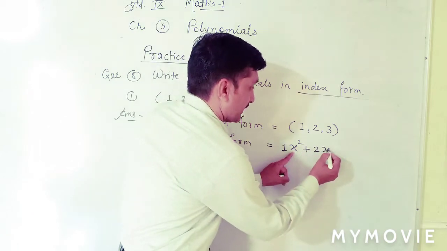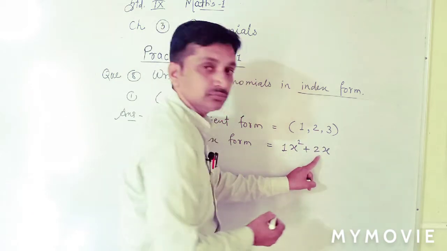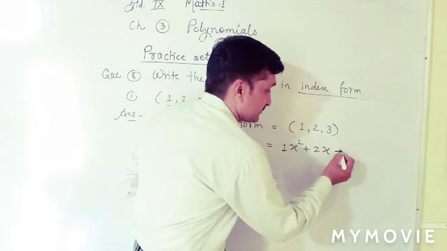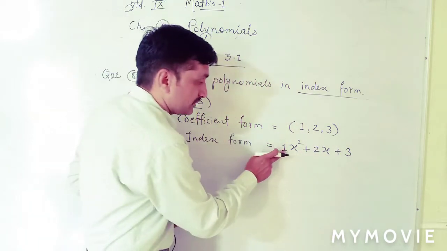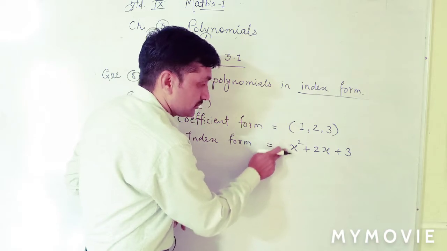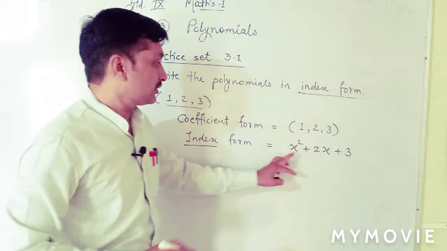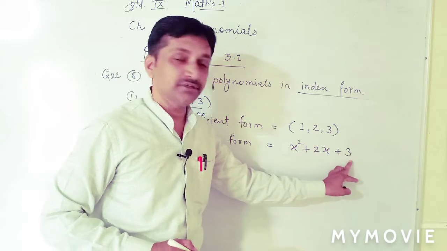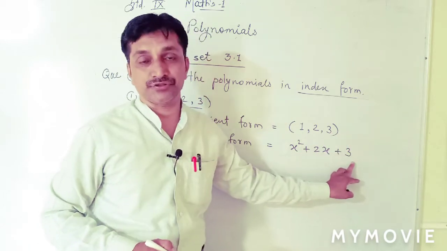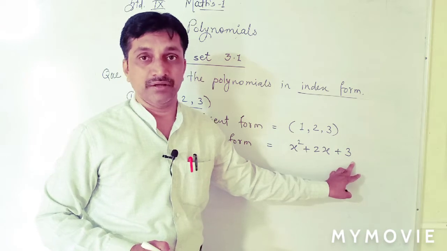Plus 2x, here 2 with variable x, and plus 3, the last number, the constant. And you know that we never write 1 as a coefficient, therefore index form is x square plus 2x plus 3. The last number is the constant term.